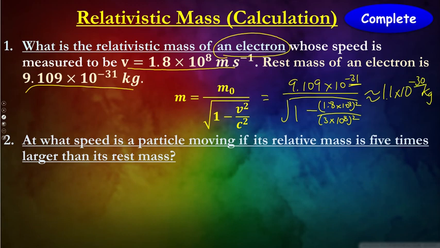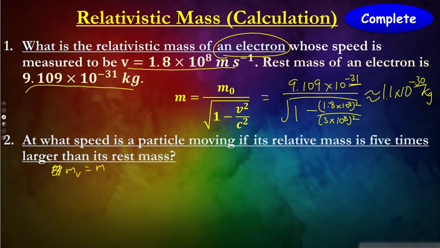Okay, and then question 2 says, what speed is a particle moving if the relativistic mass is 5 times larger than the rest mass? So what we know is the moving mass is 5 times bigger than our rest mass.